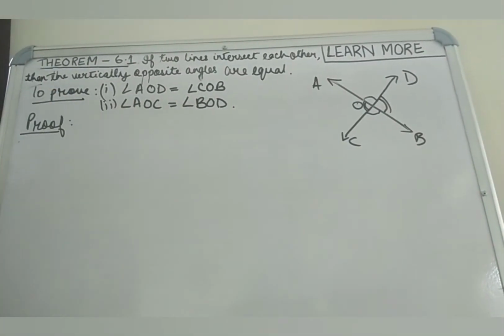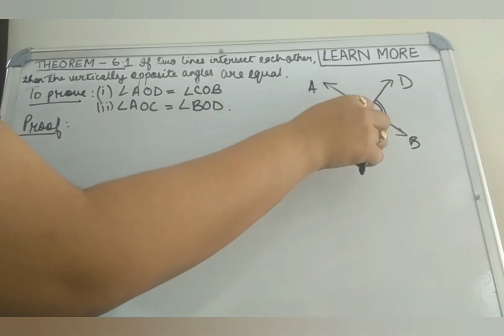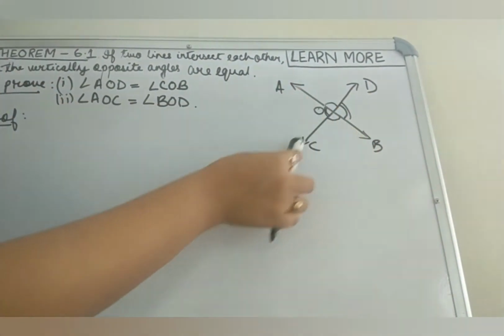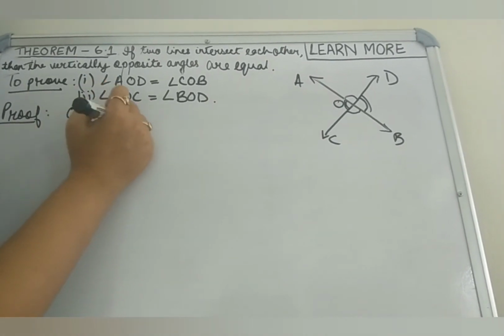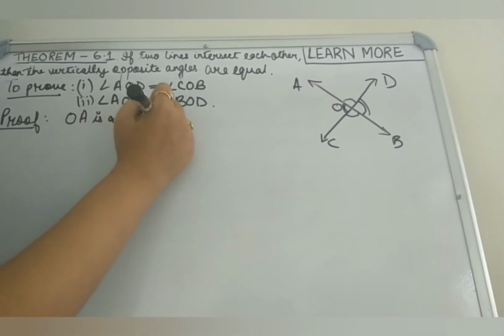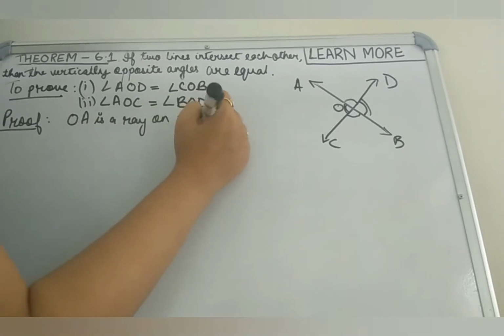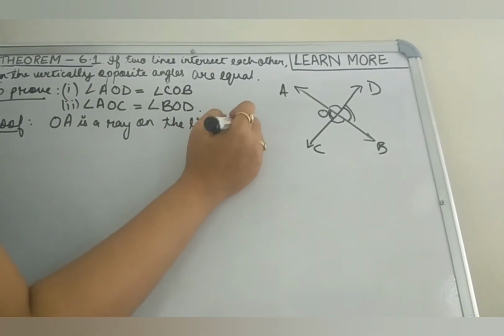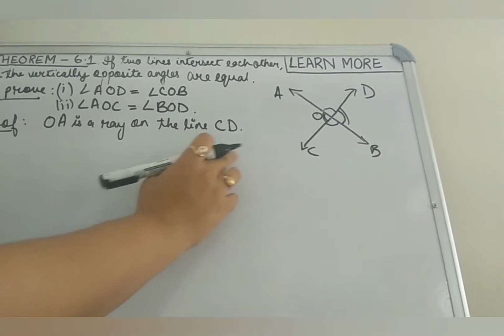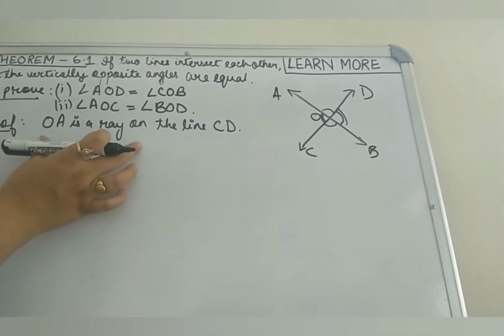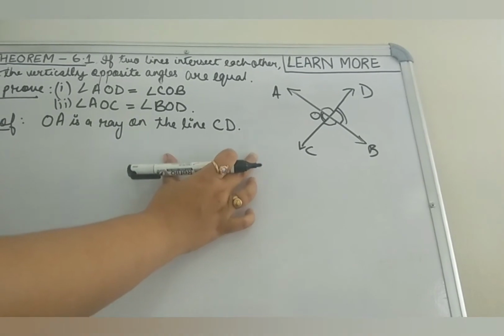To prove, here we are seeing that OA is a ray on the line CD. So I'm going to write: OA is a ray on the line CD. If OA is a ray on the line CD, then what can we write?